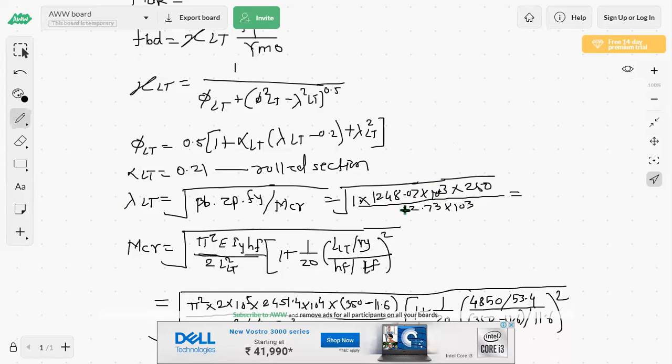Do not miss the root. After calculation, put this value into root. Lambda LT. This 10 raised to 3, 10 raised to 3 get cancelled. Only do the calculation: this 1248 into 250 divided by 22.78.